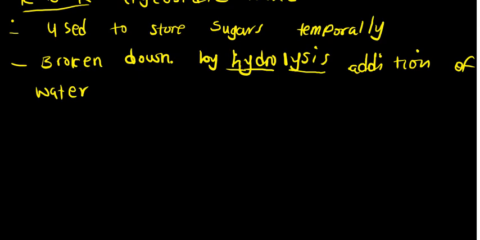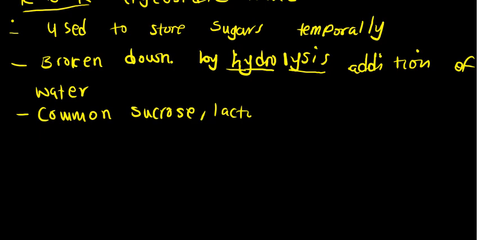The most common disaccharides are sucrose, then the next one is lactose, and lastly but not the least we have maltose.